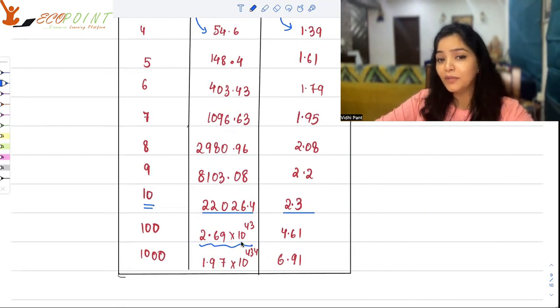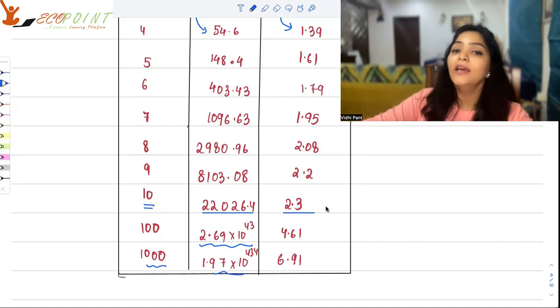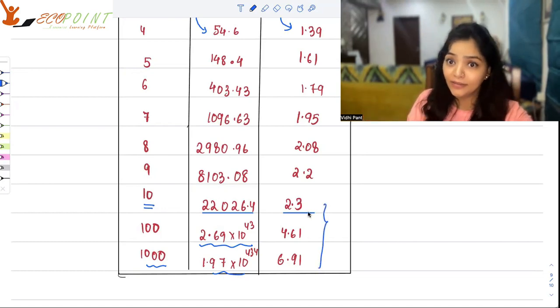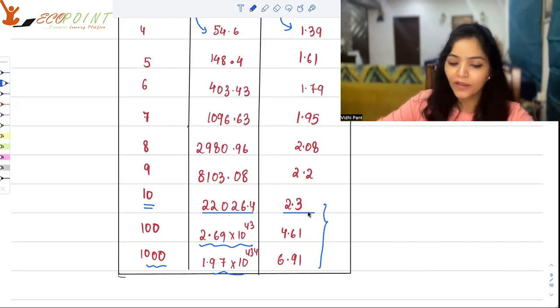I have something multiplied by 10 to the power 43. And when it is 1,000, 10 to the power 434. That's what exponential growth is all about. The kind of multiplication that is happening is humongous. Though there is an increase in logarithm also, it's a very slow increase.